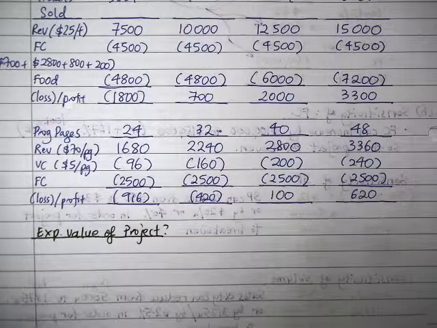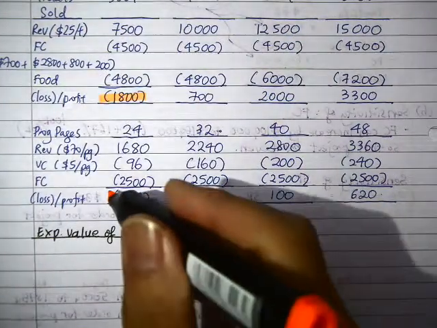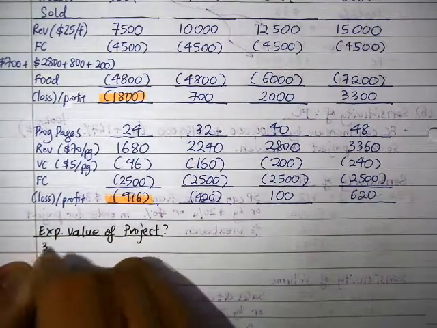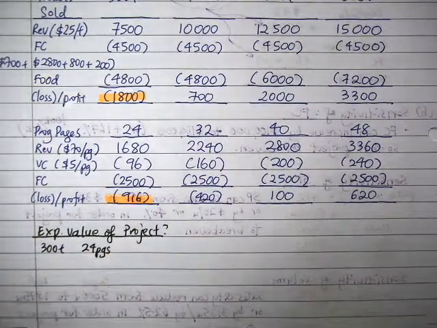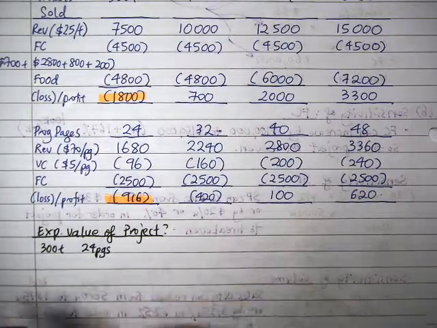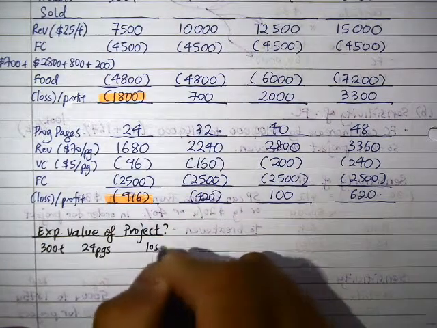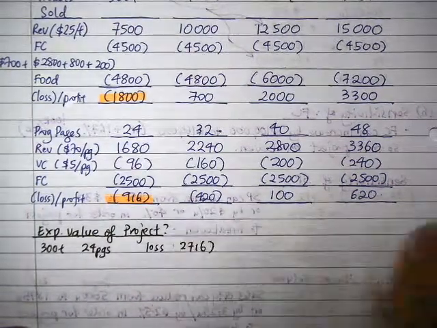See, I can have 300 ticket and I also have 24 pages, so I make a big loss. Okay, so if I have 300 ticket, 24 pages, I will have a loss 1,008 plus 916.